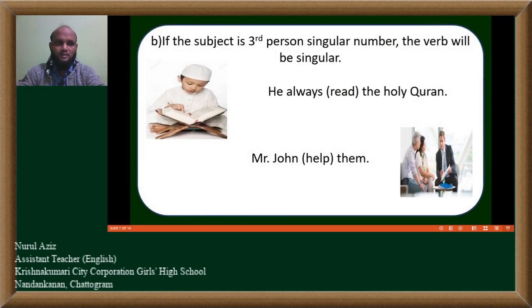Let's see another rule. If the subject is third person singular number, the verb will be singular. Here you see, he always read the Holy Quran. So the subject here, he, is third person singular number, and there is always.